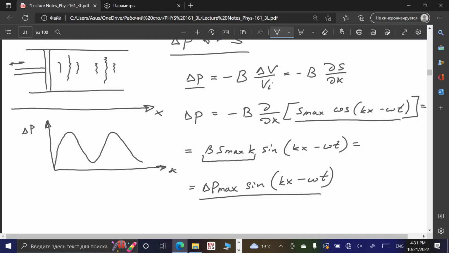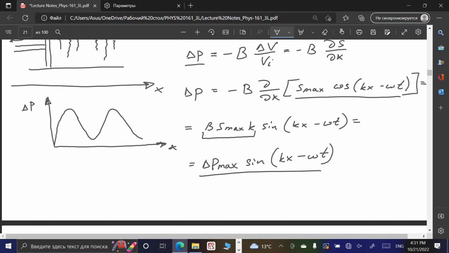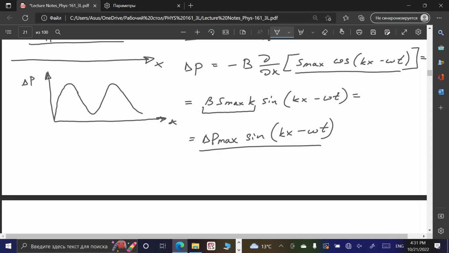It means that they are like opposites, in opposite phases. Maximum displacement corresponds to minimum change in pressure and maximum change in pressure corresponds to minimum displacement. So just keep in mind that there is such a relationship. Other than that, they follow pretty much the same dependence, but just in opposite phases.